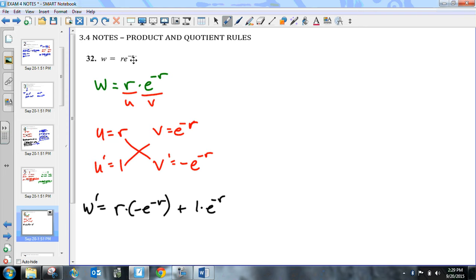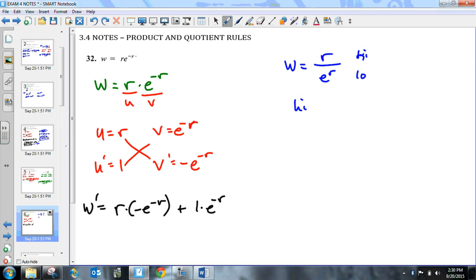Now, we could also use the quotient rule here. If I wanted to rewrite w, I could write that as r divided by e to the r, moving the e to the negative r down into my denominator. So now I've got a high function and a low function, and I can do the quotient rule.